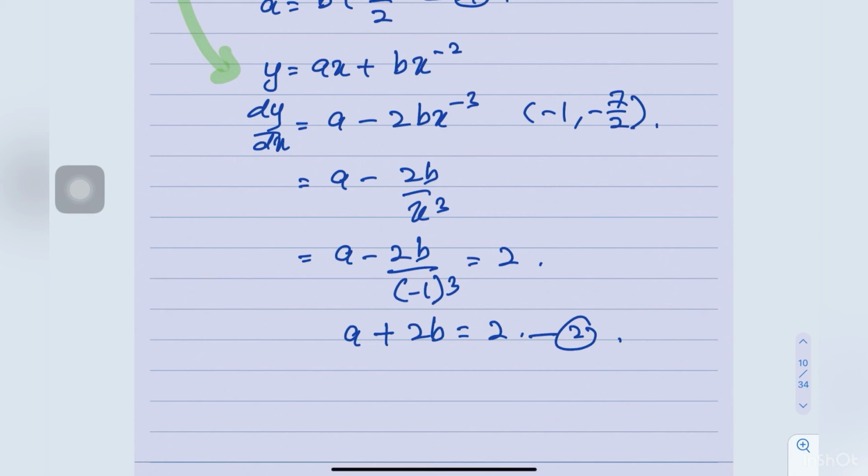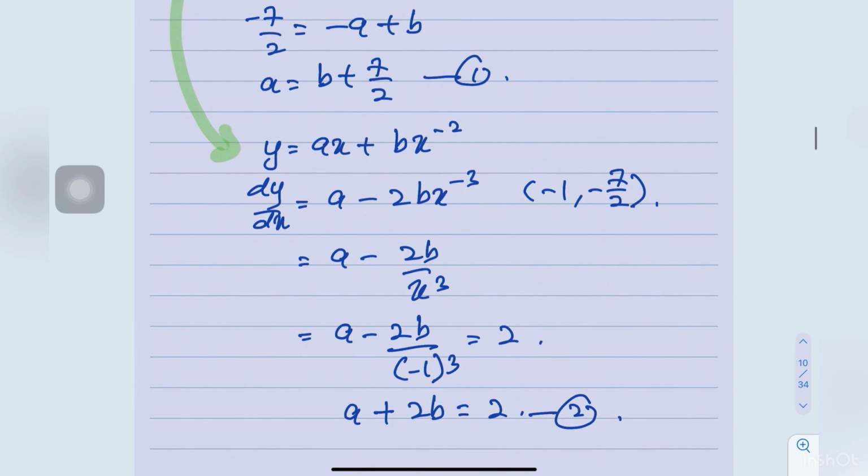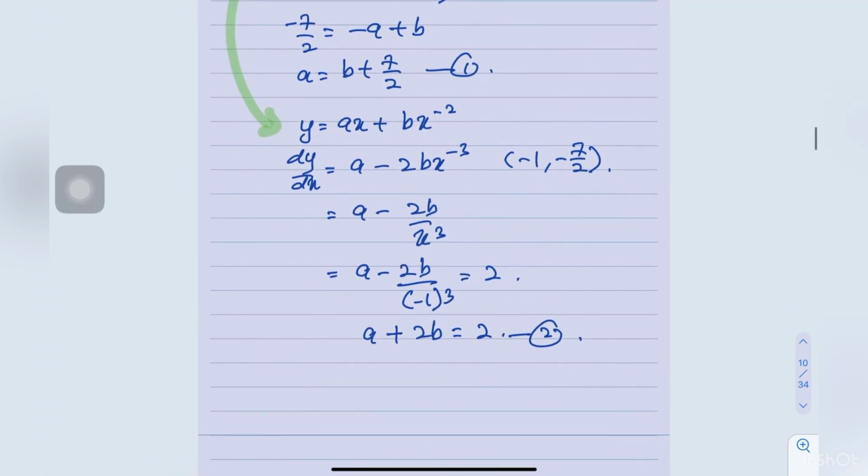So we have another equation here. Just now equation 1, a equals b plus 7/2, and the second equation, a plus 2b equals 2. So maybe you can substitute 1 into 2. So b plus 7/2 plus 2b equals 2.